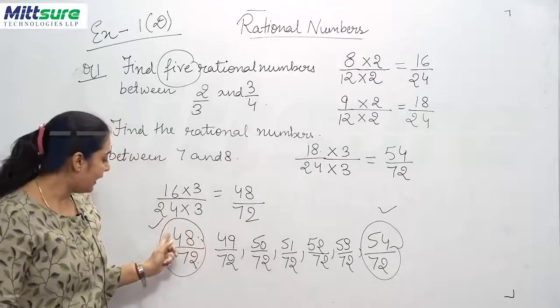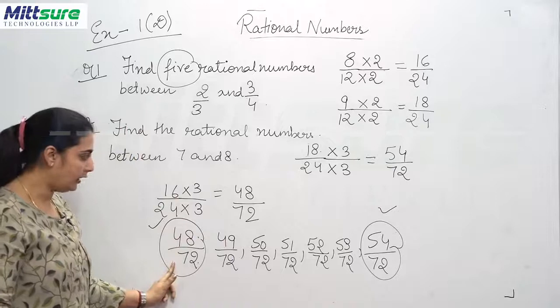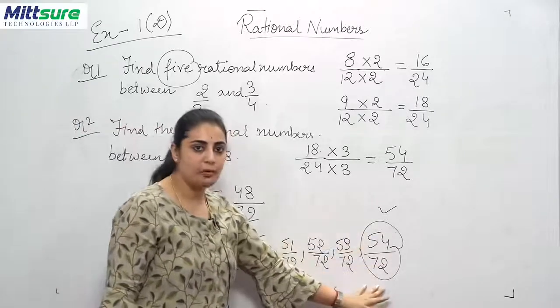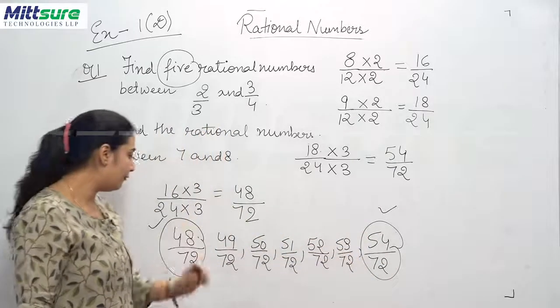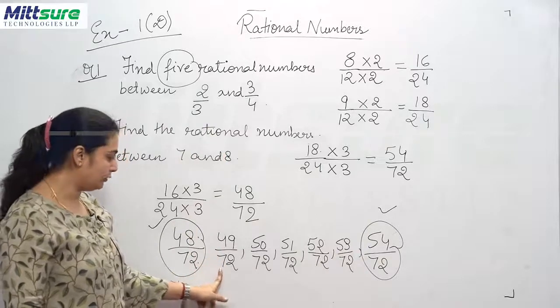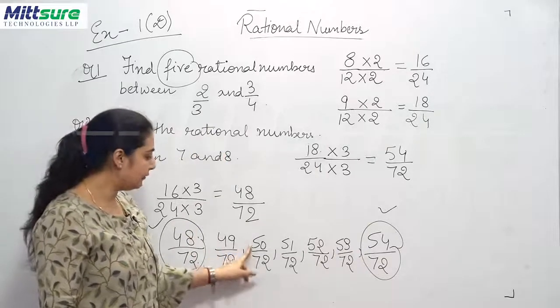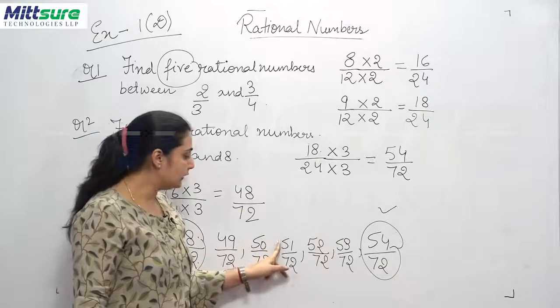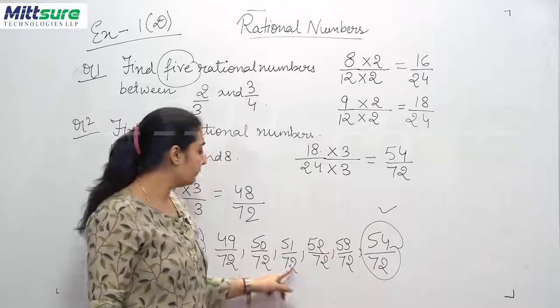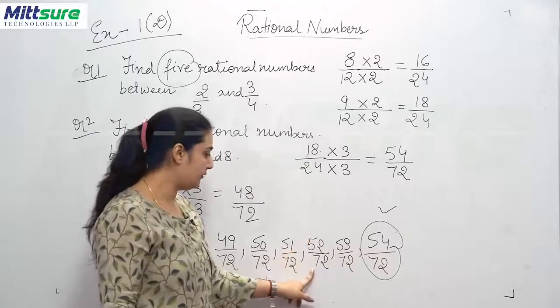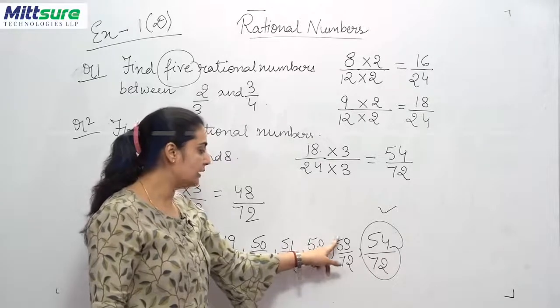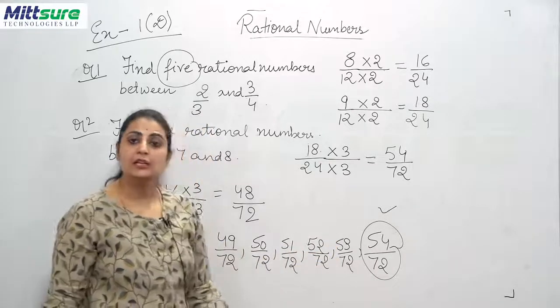So here, if I leave 48 upon 72 and 54 upon 72, I still have 49 upon 72 as the first number, second 50 upon 72, third 51 upon 72, fourth 52 upon 72 and fifth one is 53 upon 72.